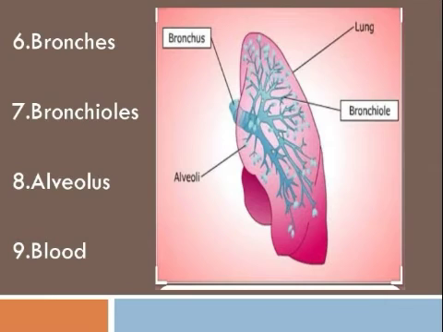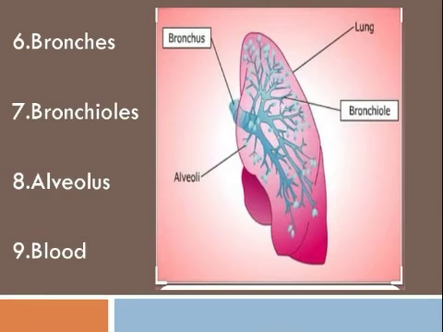Finally the bronchioles terminate in clusters of air sacs called alveoli in the lungs. These alveoli are very small and numerous. What is the function of these alveoli? Gas exchange takes place here as blood capillaries take up oxygen and expel carbon dioxide.